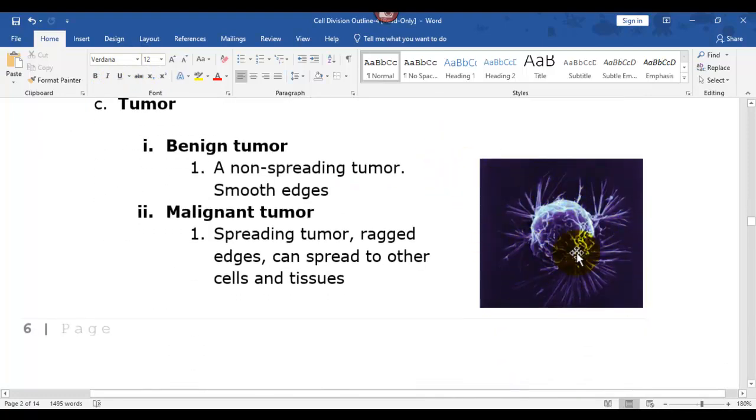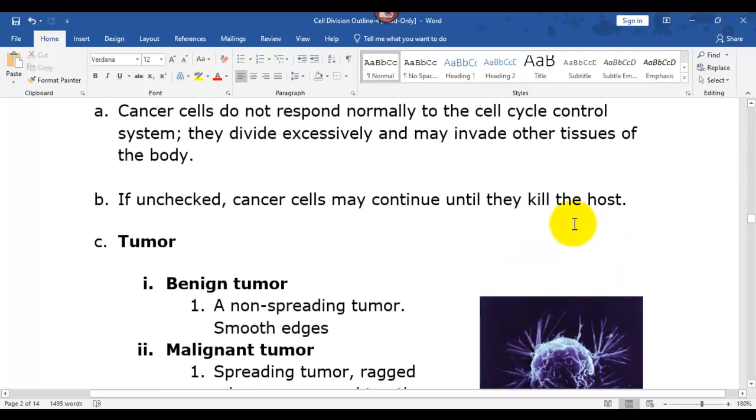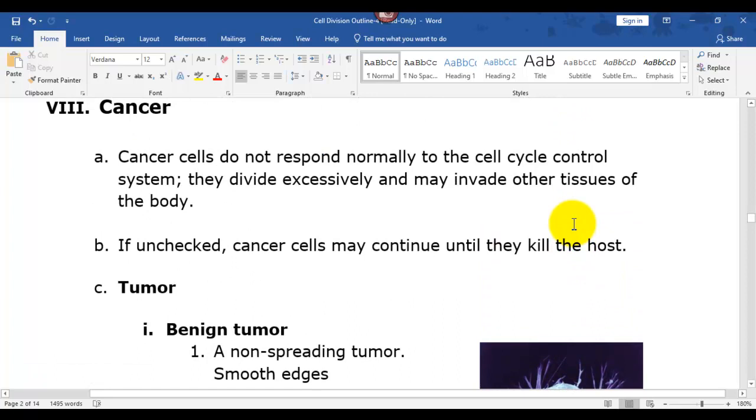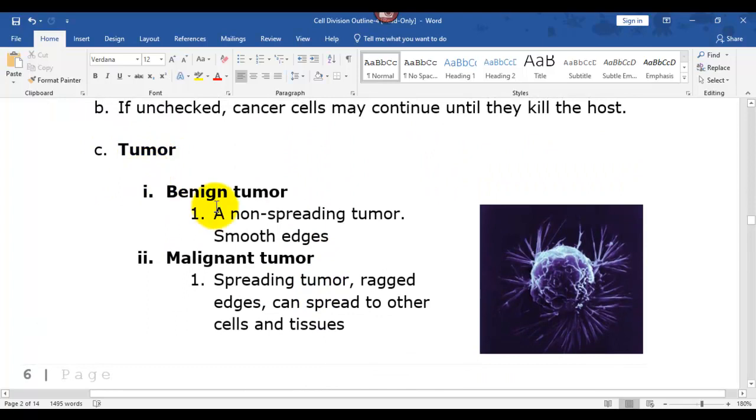So that's a cancer cell. You can see it spreading out like that. This happens to be a metastatic type of cancer cell. But cancer is cell control that is out of control, like it says. They divide excessively and may invade other tissues in the body. So a benign tumor, if you've ever heard this term, is a non-spreading tumor.